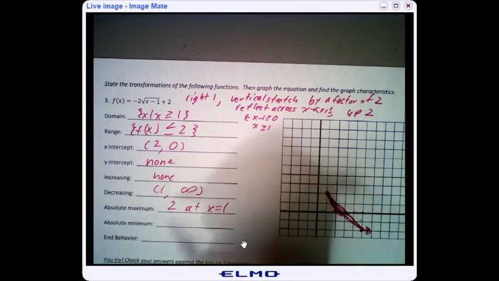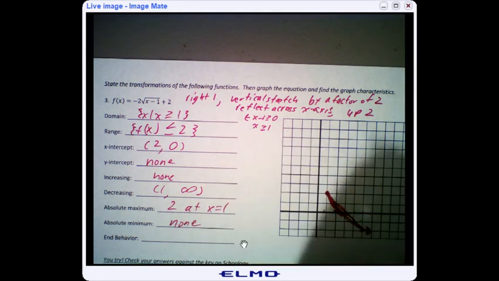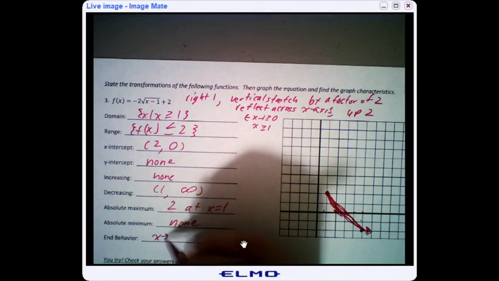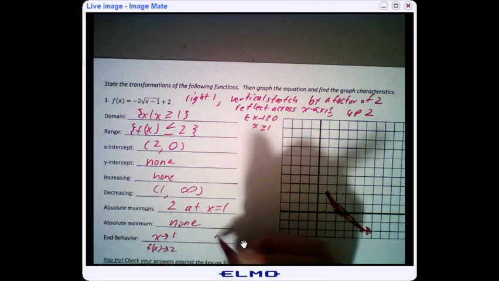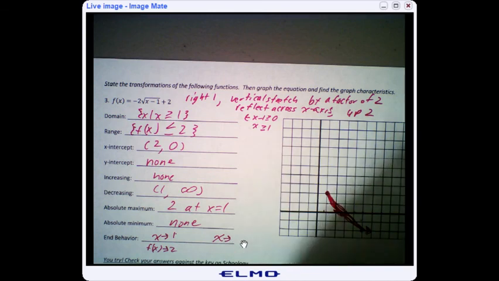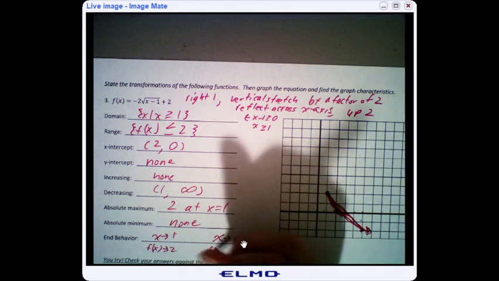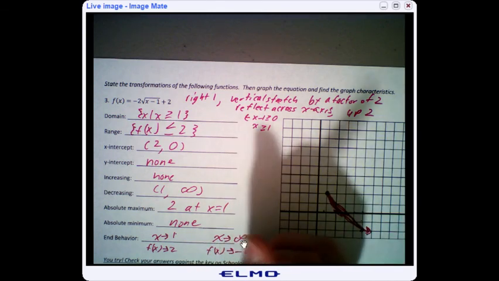My absolute minimum is none. And my end behavior, as x approaches 1, f of x approaches 2. The left side is x approaches infinity, f of x approaches negative infinity for the right side.